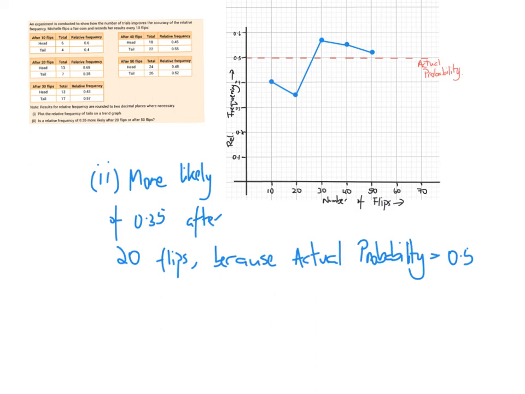So after 50 flips, we would expect it to be closer to the actual probability.